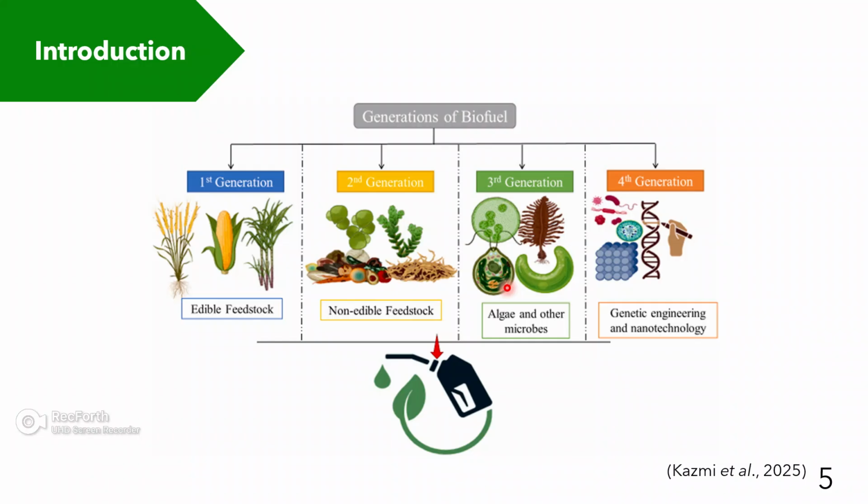The third generation utilizes algae and other microbes as biomass to produce bioethanol. And the fourth generation applies genetic engineering and nanotechnology to the microbes so they can produce more liters of bioethanol.